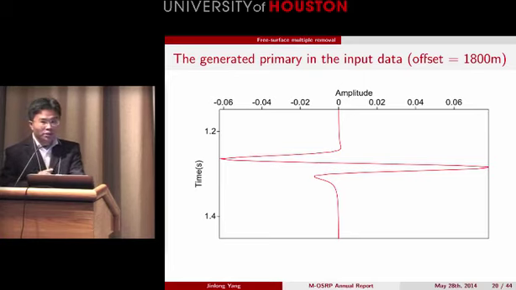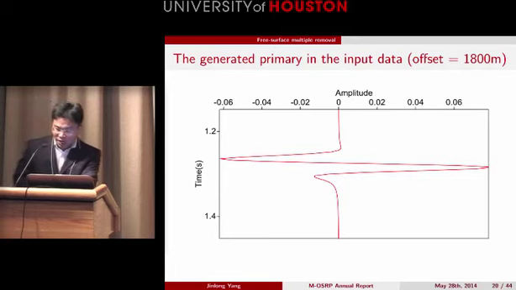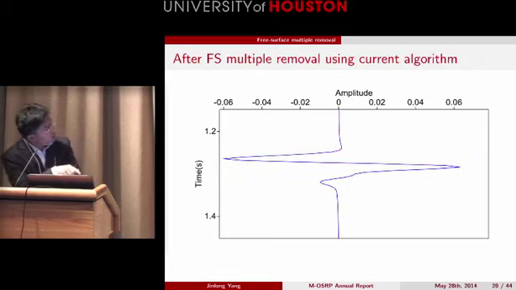Next, I will show the result using the current algorithm. This is the result using the current algorithm. You can see the residue is here, and the amplitude is a little weaker than the generated primary.